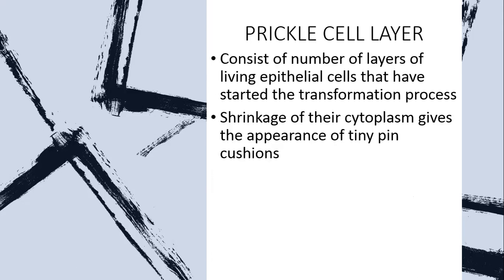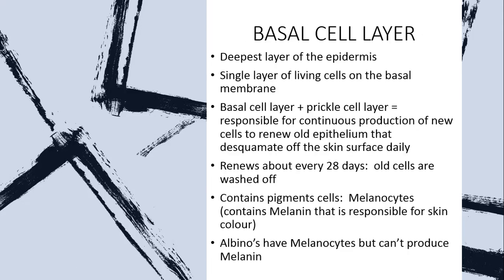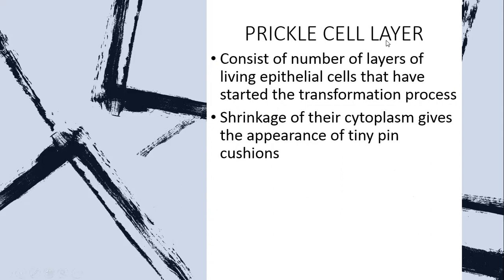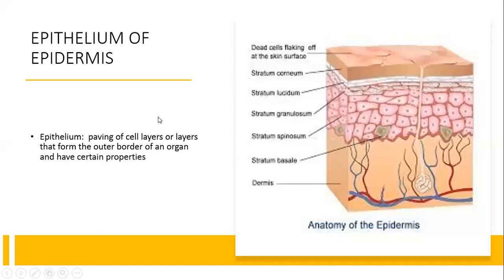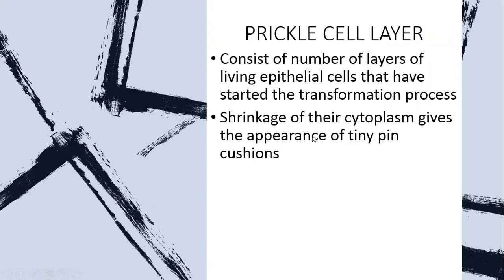Then on top of the basal cell layer, you get the prickle cell layer, which we also refer to as the stratum spinosum. This prickle cell layer consists of a number of layers of living epithelial cells, and these cells have started the transformation process.